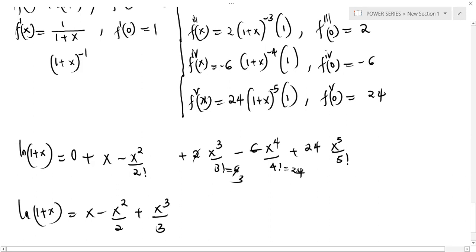So 6 here, we have minus x raised to power 4 over 4. 5 factorial is 5 times 4 times 3 times 2 times 1, which is 120. So simplifying this, we'll have plus x raised to power 5 over 5. And yeah, we just needed the first 5 terms. And that's how we get the Maclaurin series expansion for ln(1 plus x), or the power series for that using the Maclaurin's theorem.